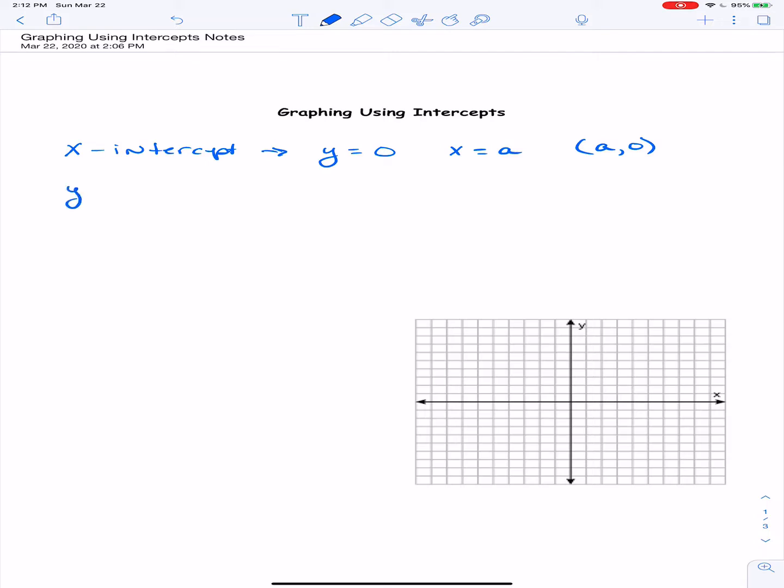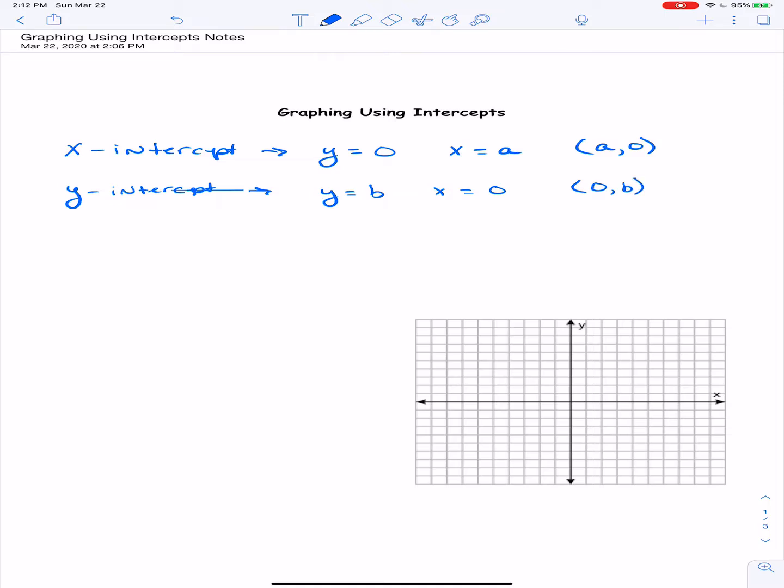Same thing if we were to look at the y-intercept, we are looking at where y is going to be some number b and x is going to be equal to 0. So our ordered pair will look like 0, comma, b.